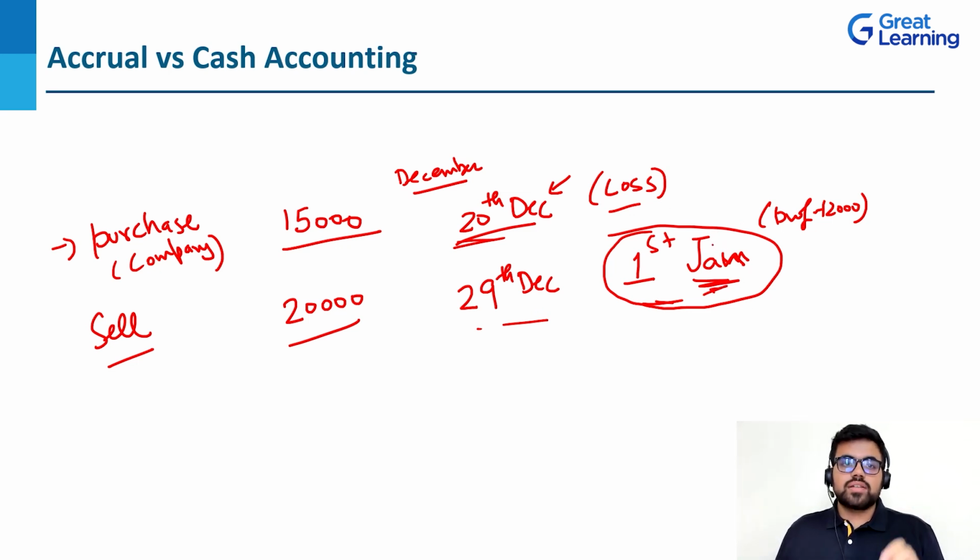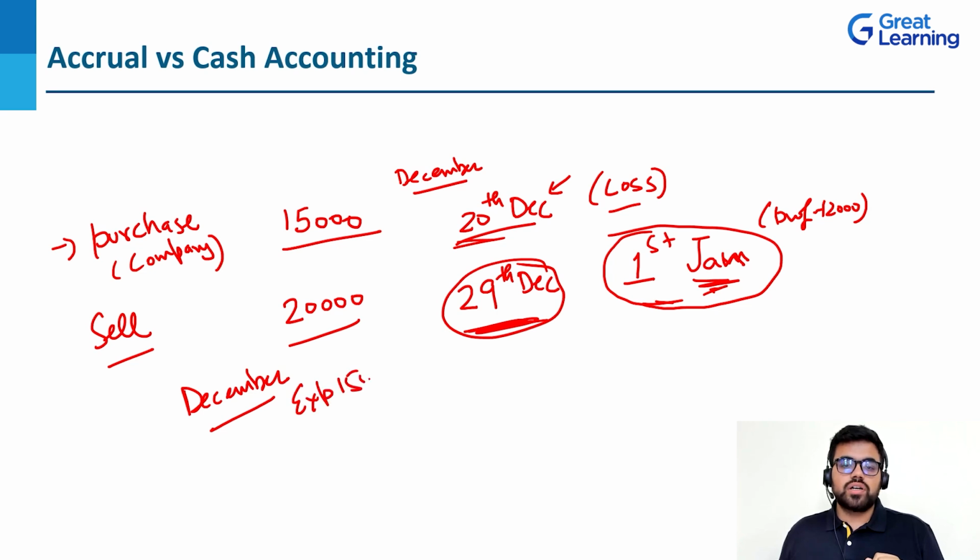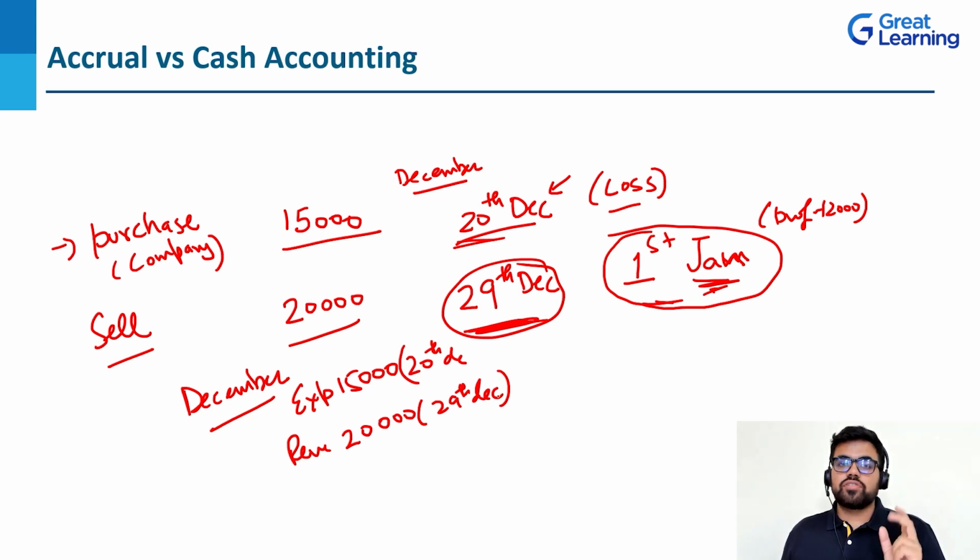But in accrual accounting, the entry into the revenue would be made on 29th December itself. So in the December account, there would be an expense of 15,000 on 20th December and a revenue of 20,000 on 29th December. This is the difference between cash accounting and accrual accounting.